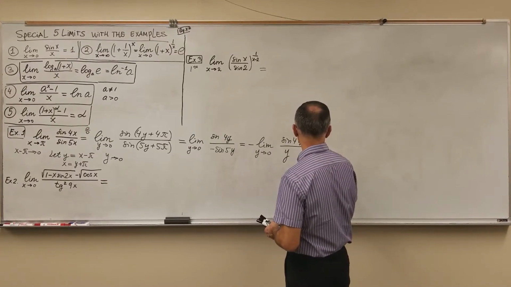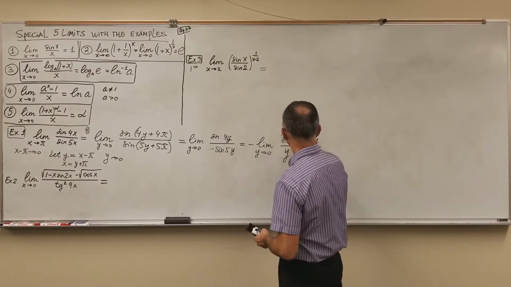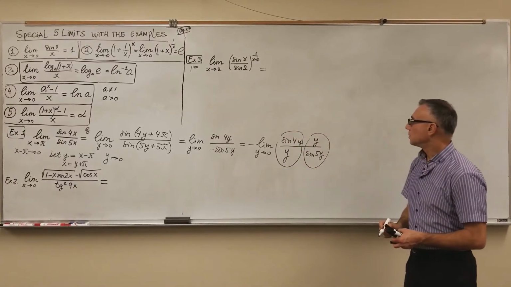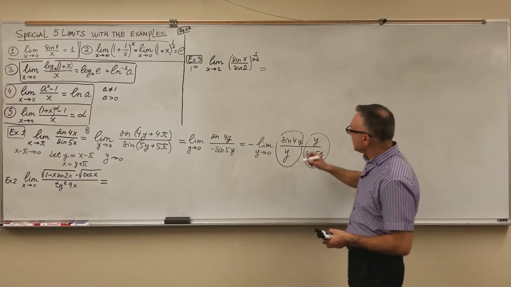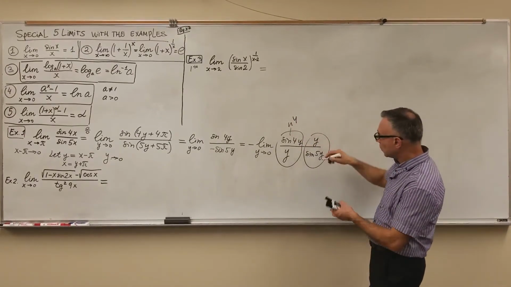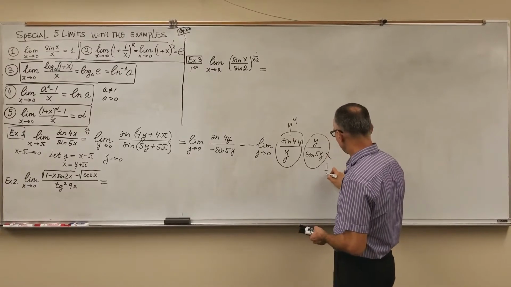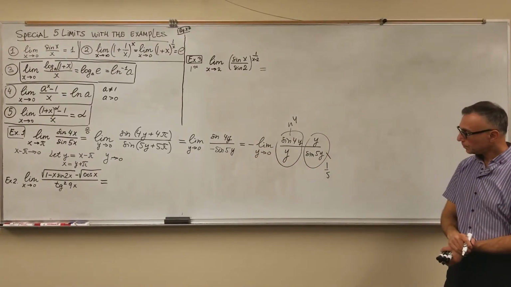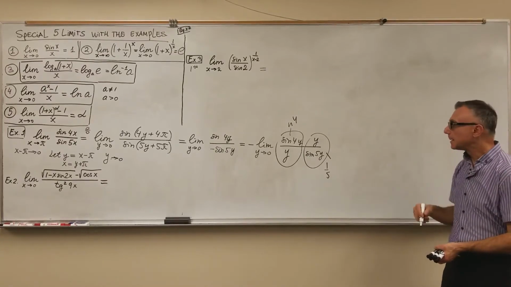That's sine 5y. And here I have the 2 consequences of the first limit. This goes to 4 and this goes to 1 over 5, with the minus sign up front.